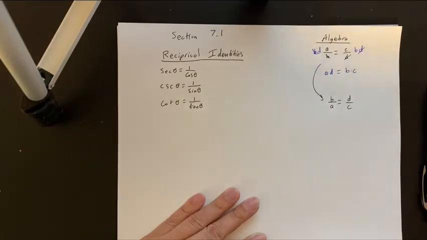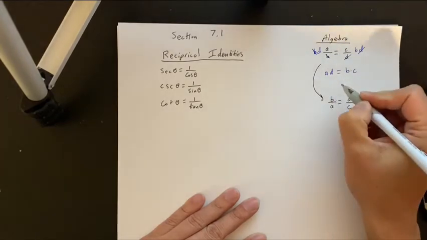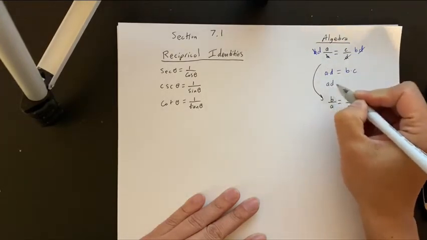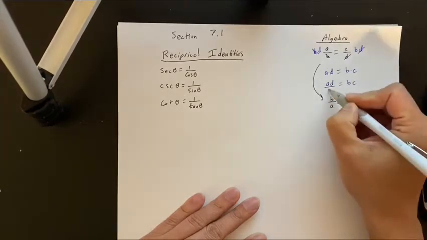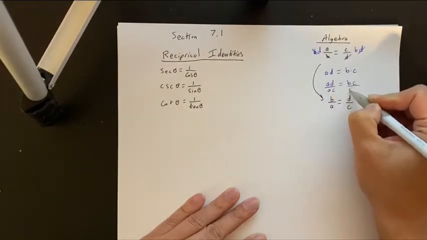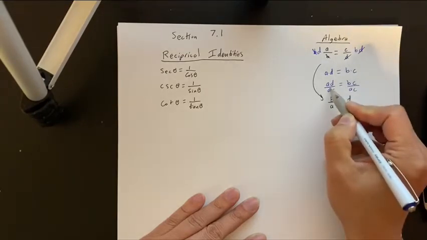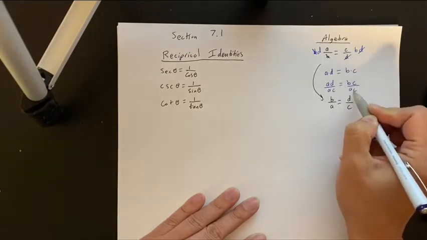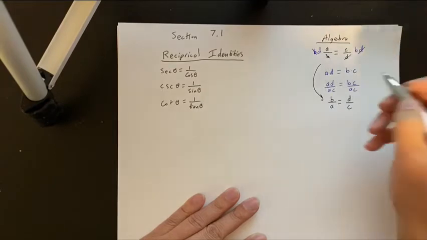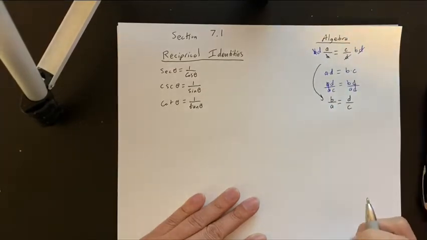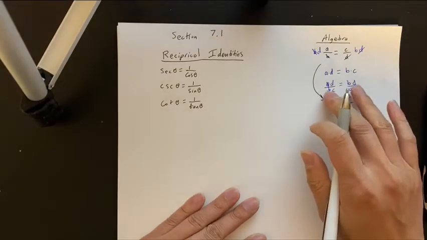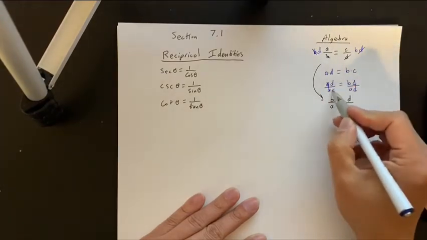And then now, what you do on both sides would be just to divide both sides by AC. So if I divide the left side by AC, I'll divide the right side by AC, and then the A will cancel, the C would cancel, and the final step will be just to flip the left side with the right side.